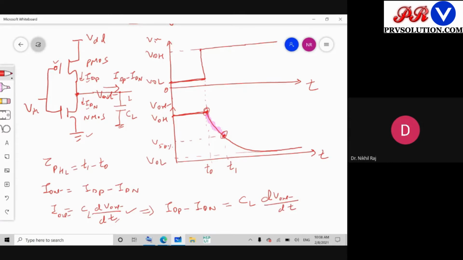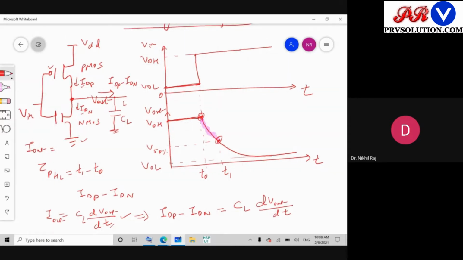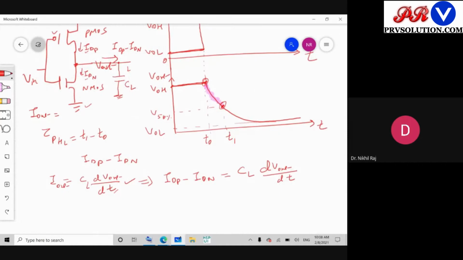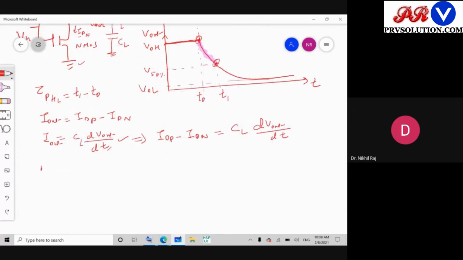Okay. Now when I am at T0, what happens at T0? What is my input here?